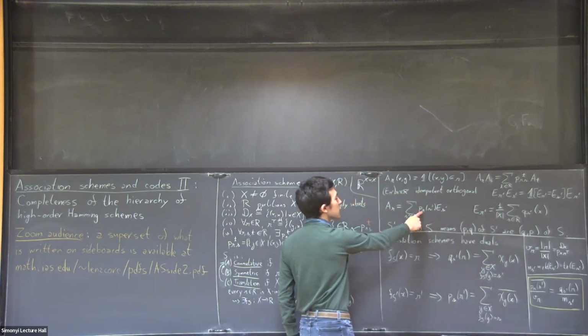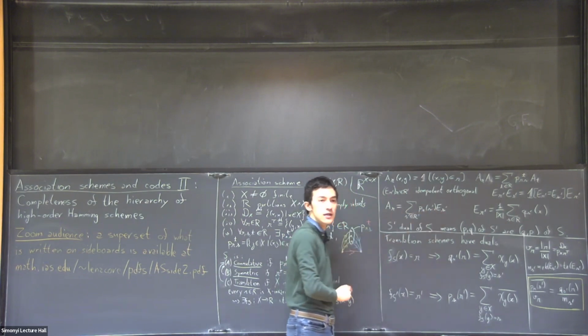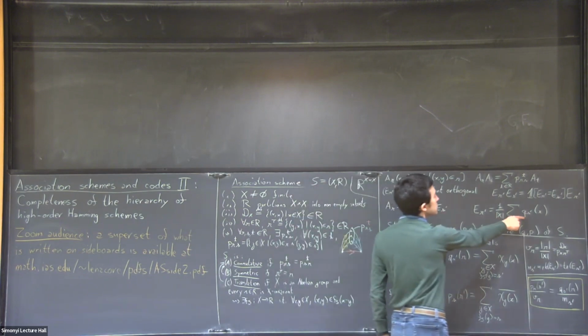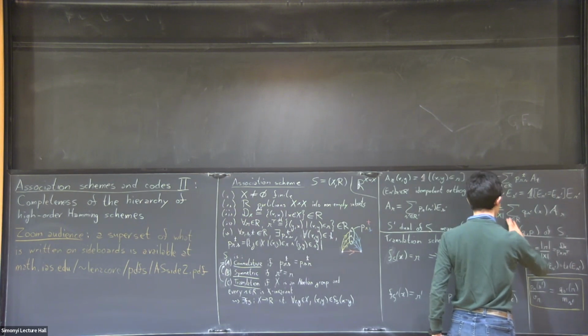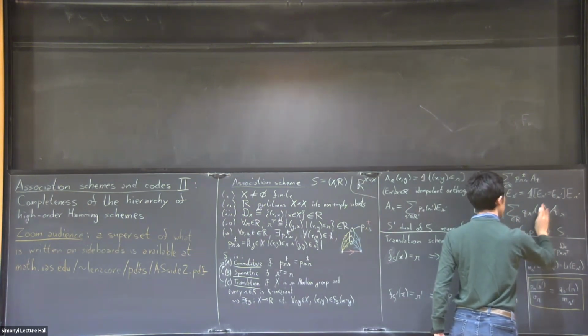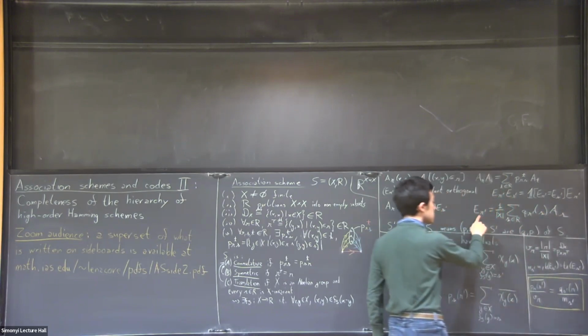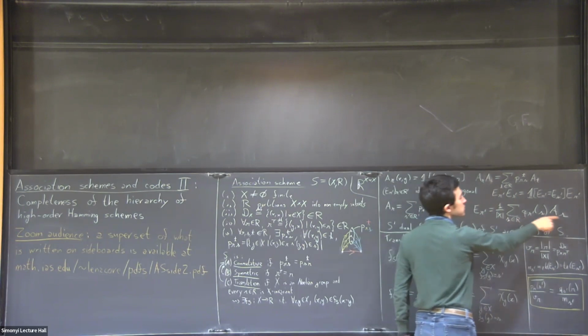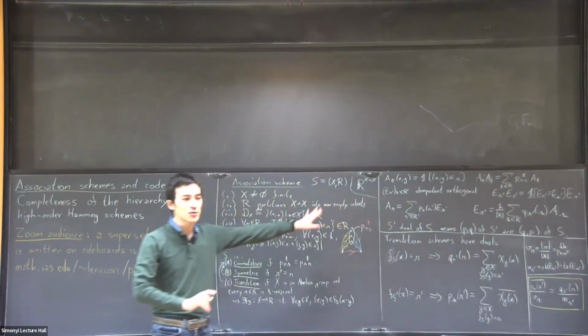P is the function that describes AR as a linear combination of the ES, and Q is the function that describes, there's a small typo here, prime S. Q is the matrix that describes the ER prime in terms of the AS, except that there's a normalization factor that needs to be there.